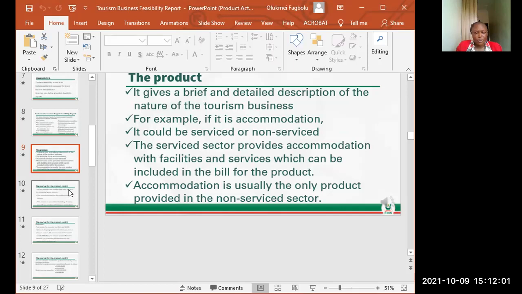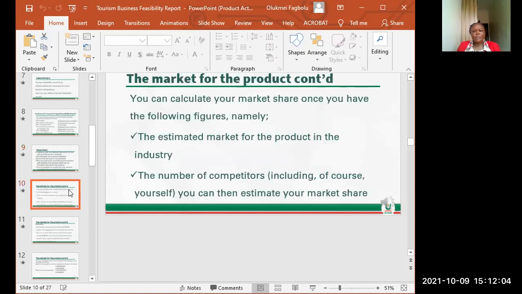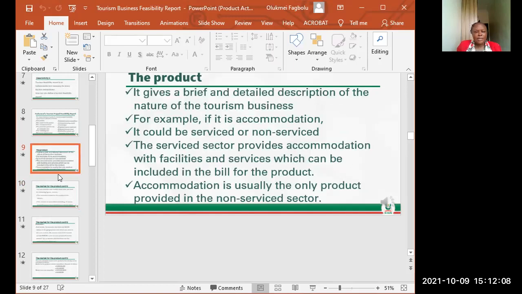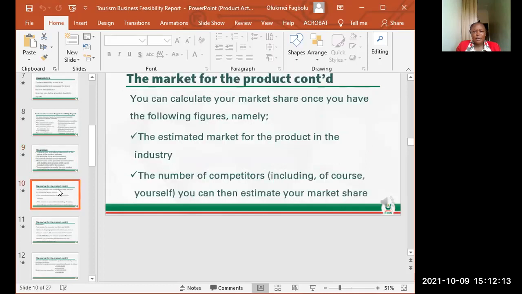Then after that is the market for the product. The market for the product is where we calculate market share. You must consider market share in the sense that in an environment, we know that this product I want to offer, somebody else is already offering it.